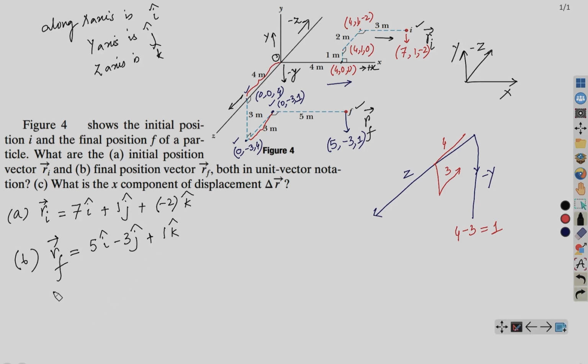Okay. Now in the last problem, what is the x component of displacement delta r vector?